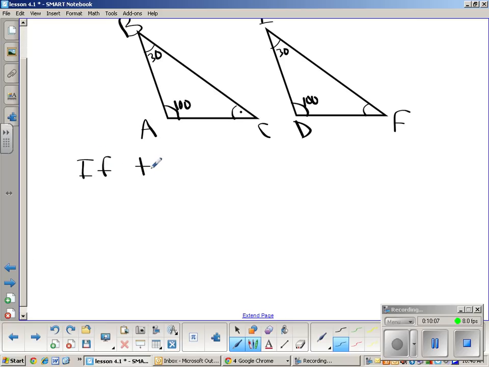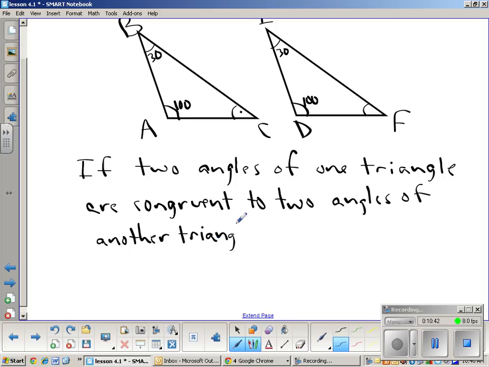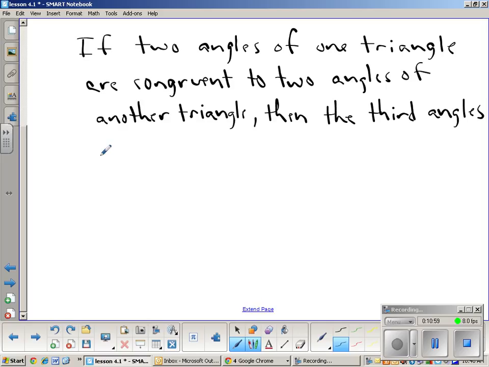If two angles of one triangle are congruent to two angles of another triangle, then the third angles must be congruent. Okay?